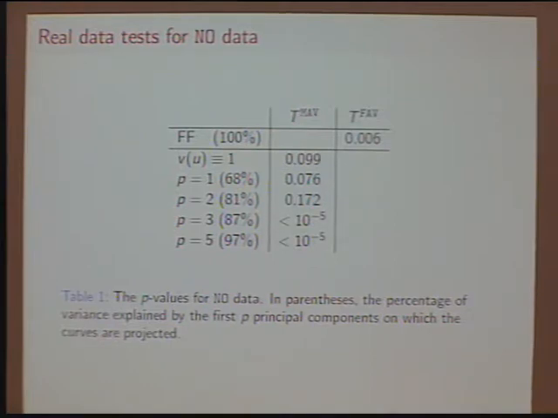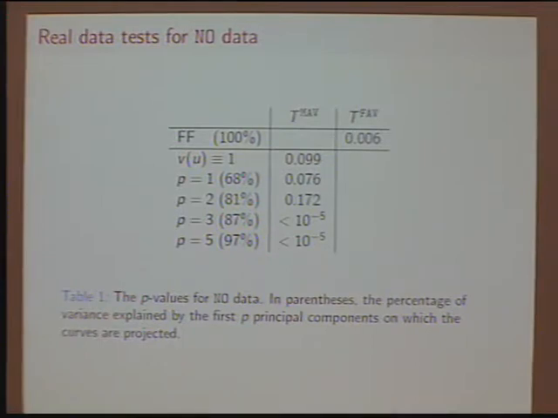If you project on one principal component, which explains 68% of the variance, then you have a p-value of 0.07, which is also not too small yet, so still not a very high indication of periodicity. Then if you project on two principal components and run the multivariate version, you get a p-value of 0.17. This explains 81% of the variance.